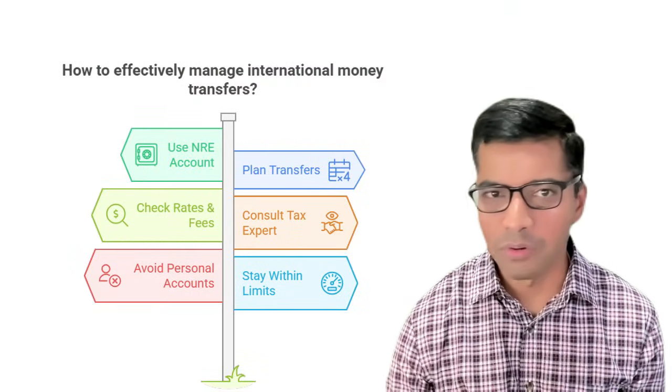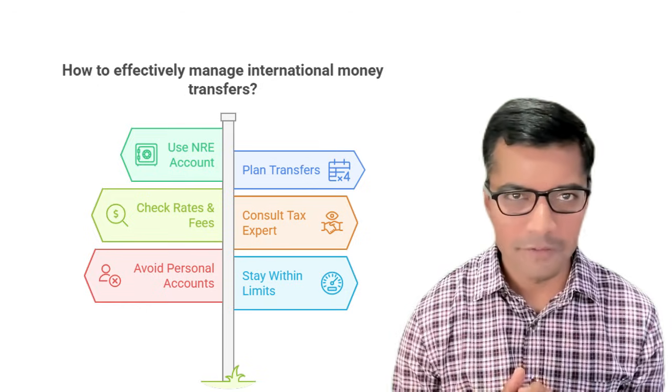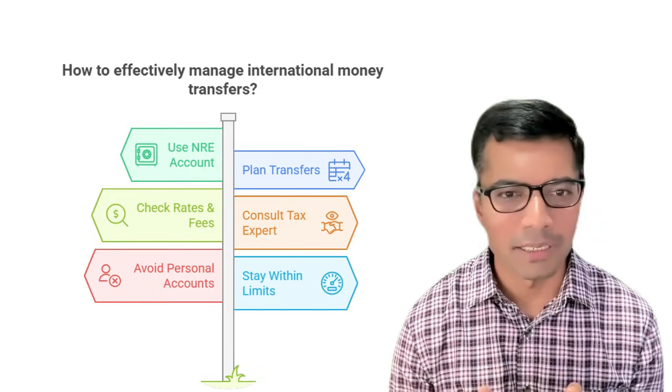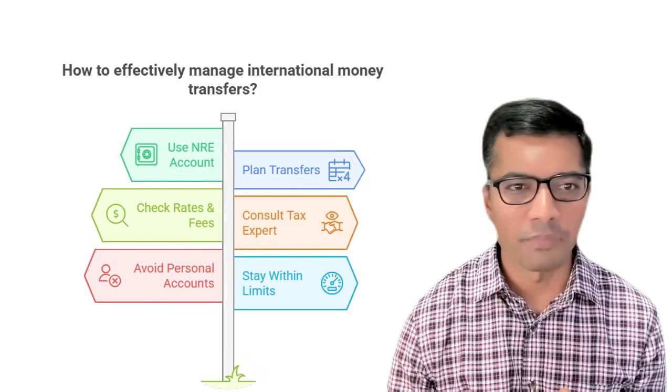Want to make your repatriation process smooth? Here are some steps to avoid any delays. First, use an NRE account whenever possible to bypass restrictions. Plan your transfers in advance to avoid last-minute tax hurdles. Check exchange rates and fees.